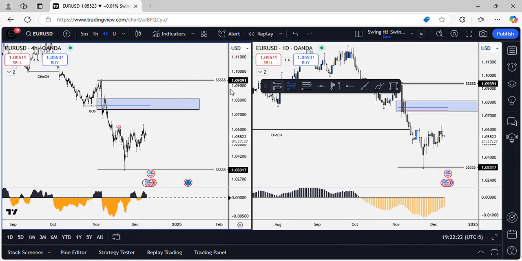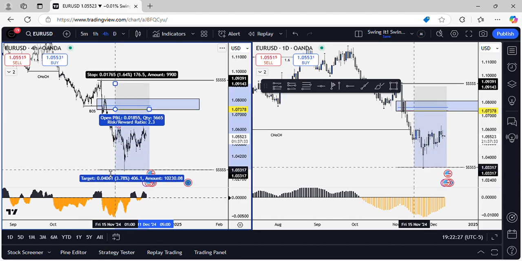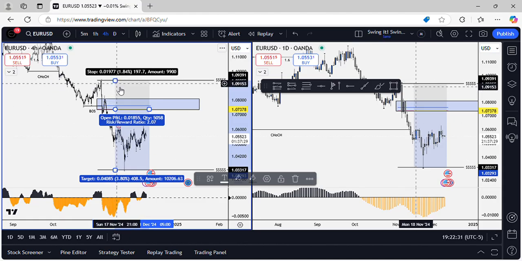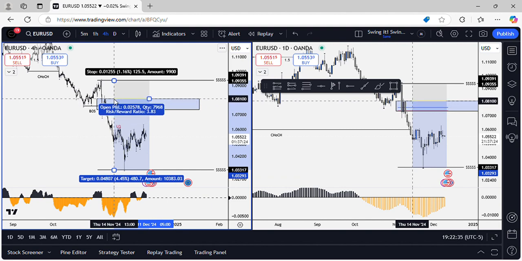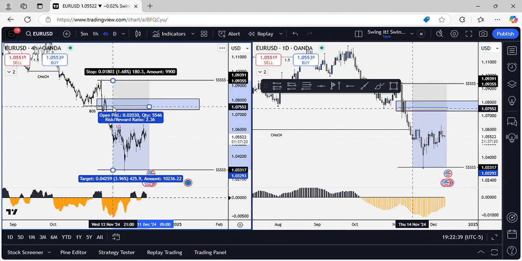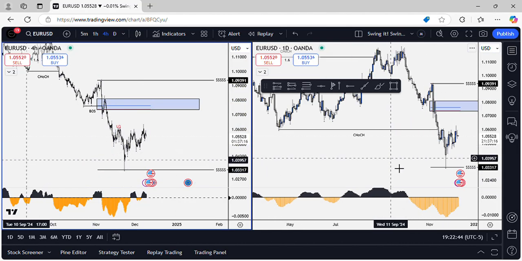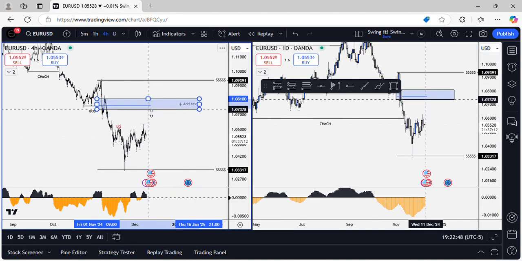And just to show you all what each fib level is: one is a 1 to 2, one is a 1 to 2.5, and then the top is a 1 to 3 and some change. So fib levels are dependent on what I wish to achieve.